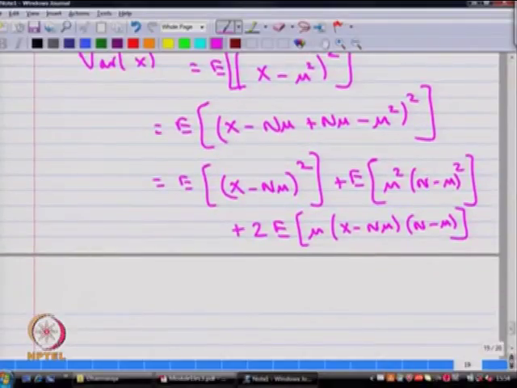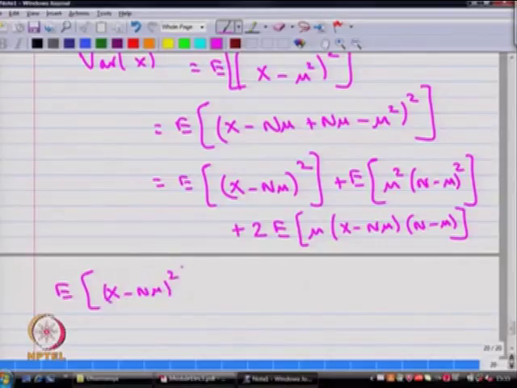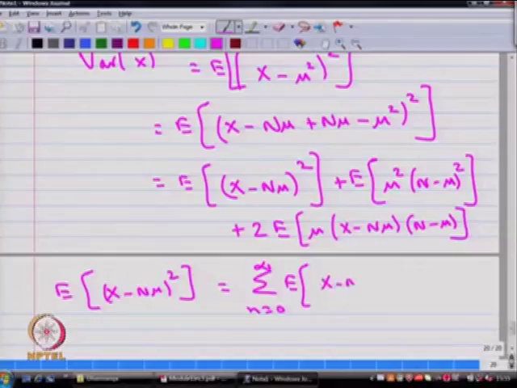Now, you can evaluate the first quantity, that is expectation of X minus n mu whole square, using the conditional expectation by making summation n is equal to 0 to infinity expectation of X minus n mu whole square given N takes a value small n, multiplied by the probability that N takes a value small n.